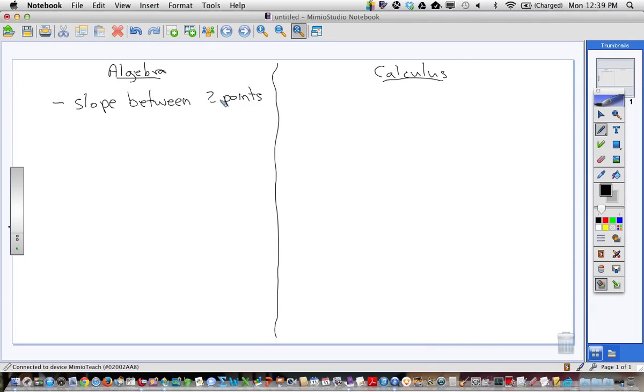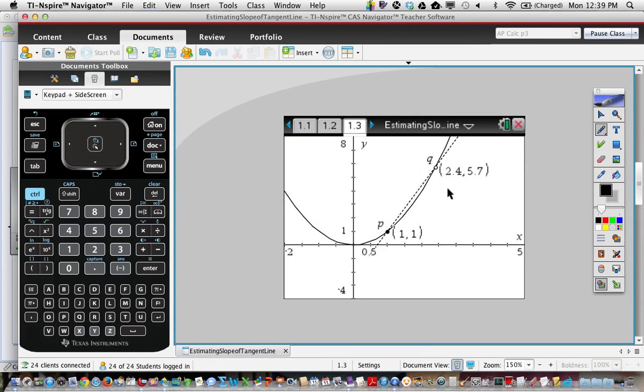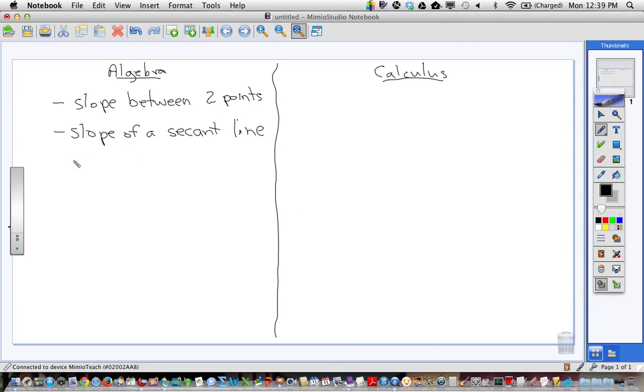Another way of saying that is, if we look at that graph on our calculators, it's the slope of a secant line, because that's what you call a line that touches the curve in 2 places. You probably remember that from geometry. That's called a secant line. So when we talk about slope between 2 points, in algebra you were just doing slopes of lines. But another way of thinking of that is a slope of a secant line.